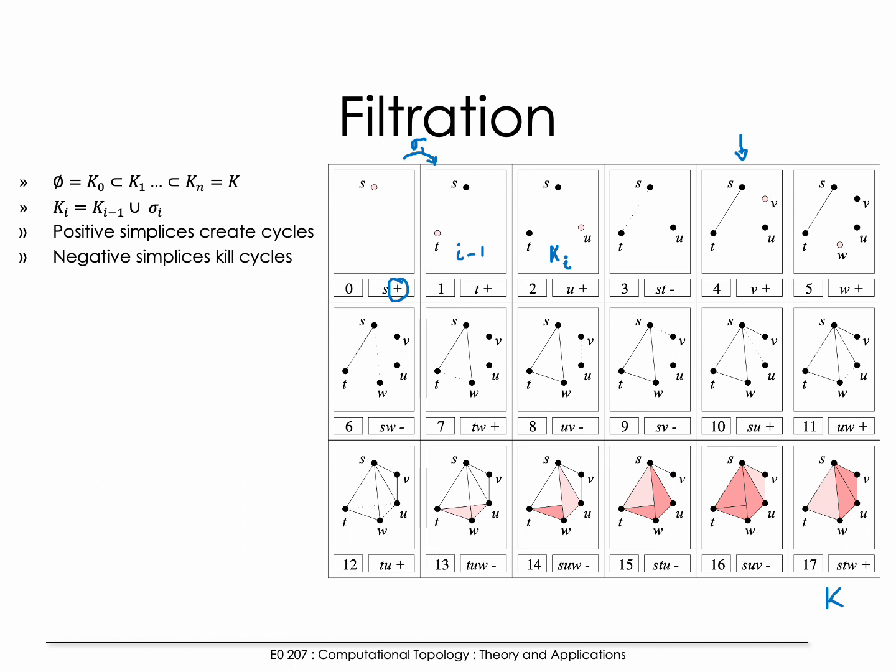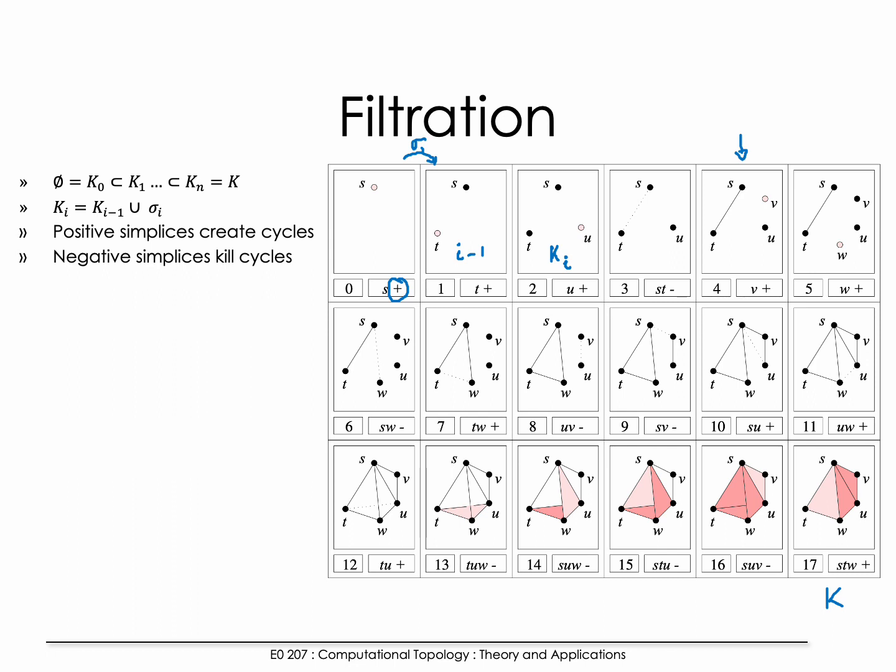Right? Now I would recommend that you pick any simplicial complex such as this, a simple one, and run through this exercise of classifying the simplices as positive or negative.